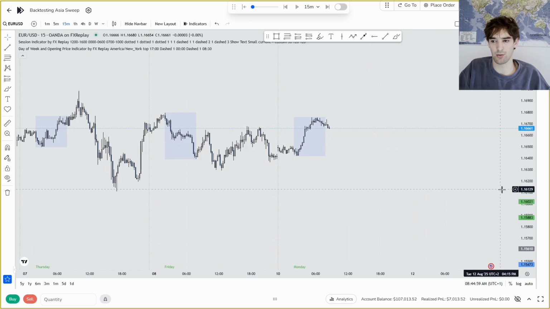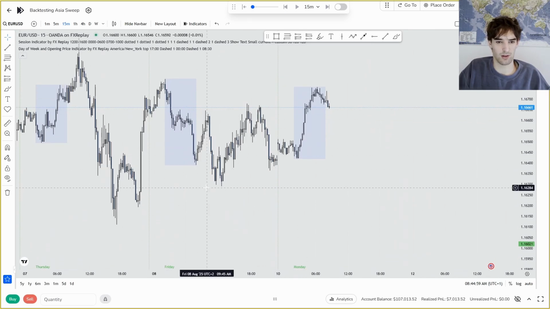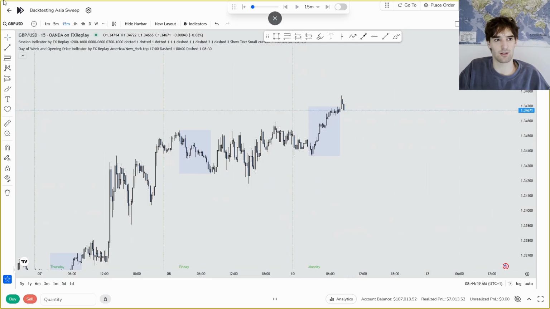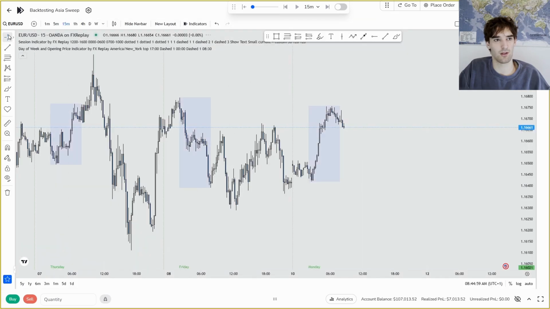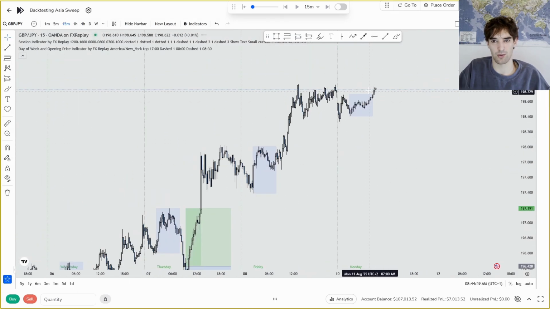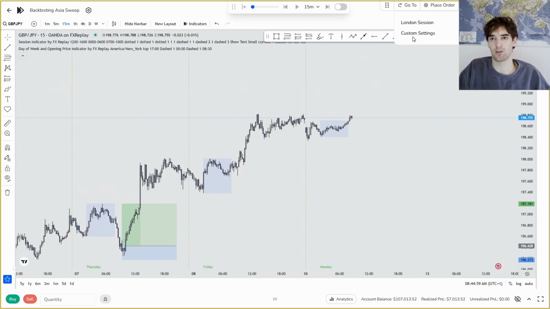Then EU still being bullish, no clean swing low. GU already hit the high, so no setups also on EU, because we already hit the high of GU. And on GJ also we're looking for longs, but the high is already hit, so we just go for the next day.